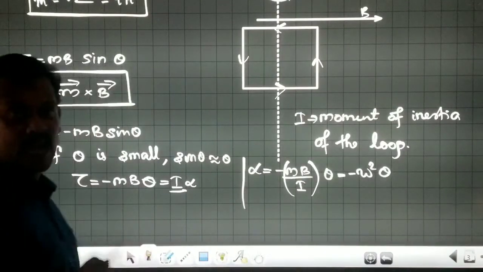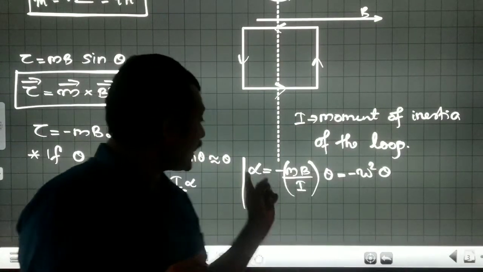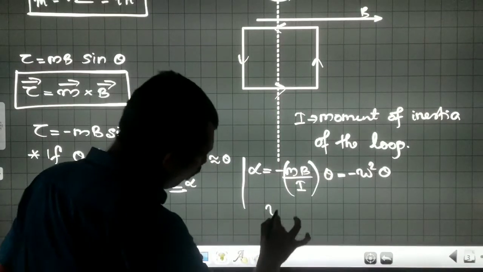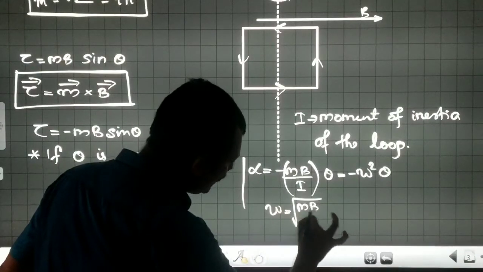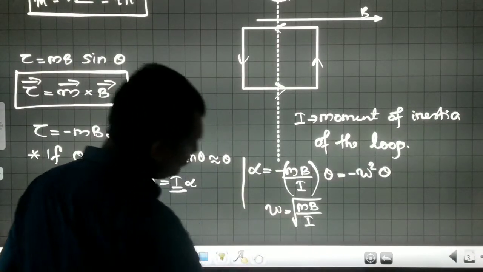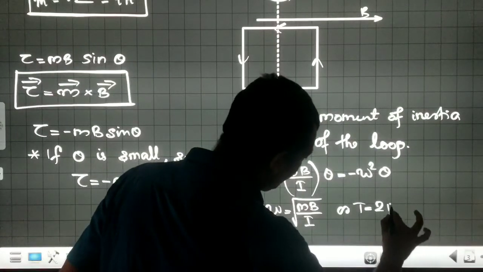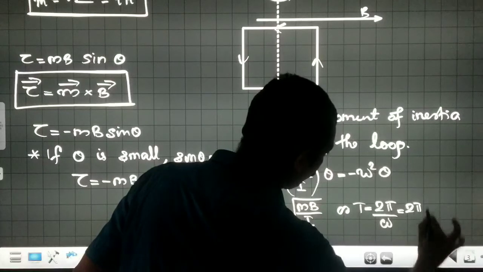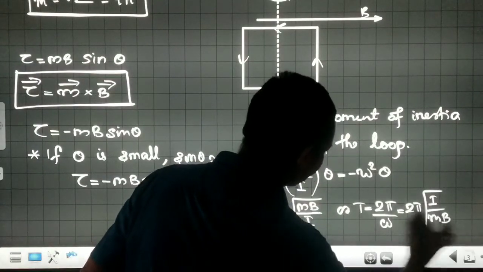You studied SHM in chapter 14 of class 11. This is executing angular SHM, which gives omega equal to root of MB divided by I, so the time period is 2 pi by omega, that is 2 pi into root of I divided by MB.